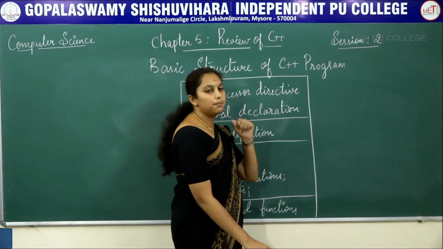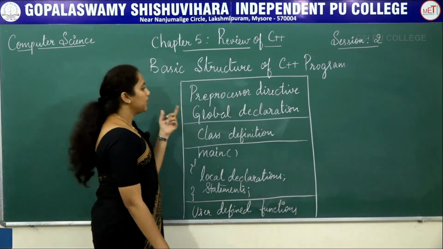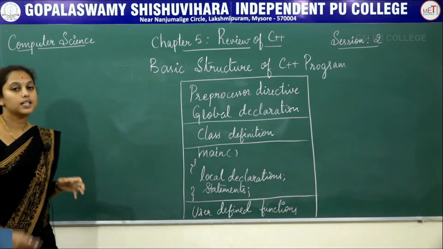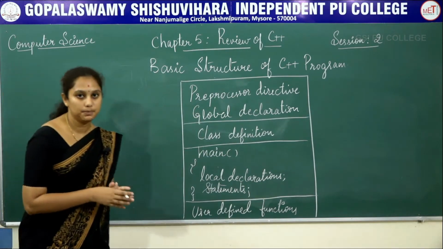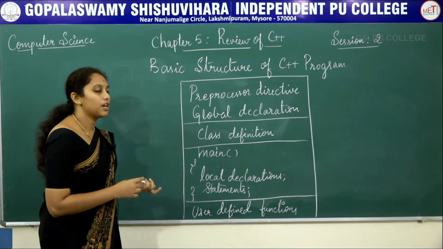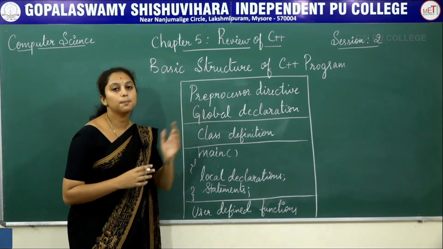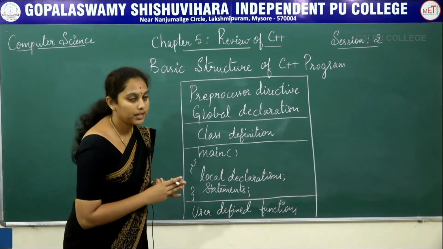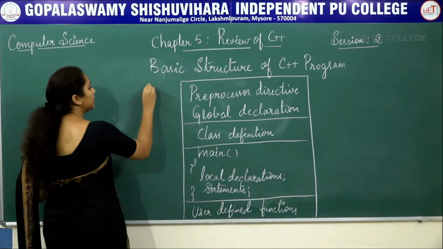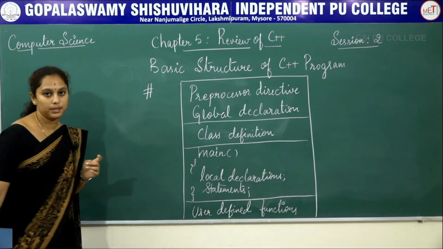So what is a preprocessor directive? Preprocessor directive contains some of the programming elements and files which are used in the C++ source code while processing the program. It always starts with the hash symbol.